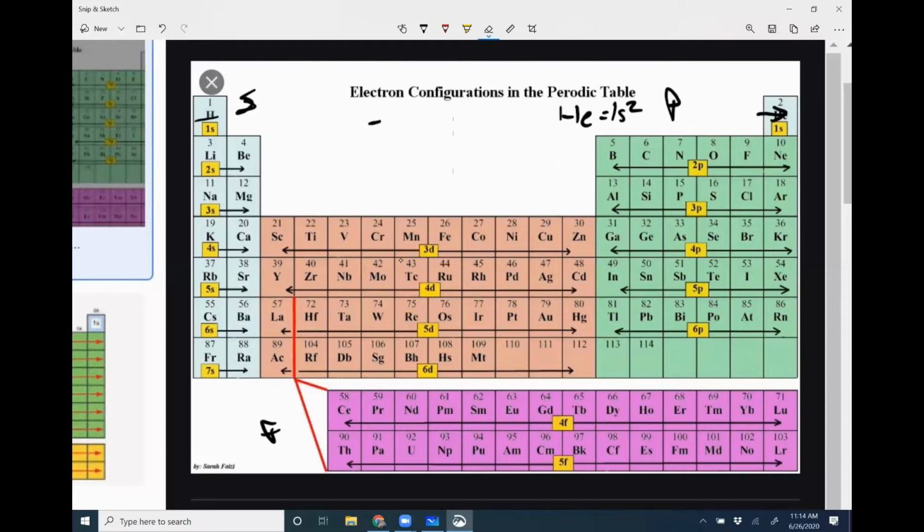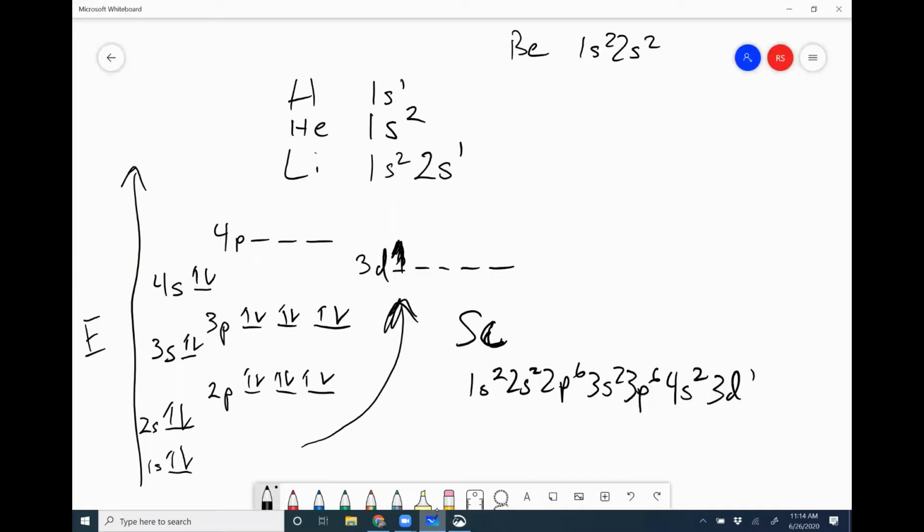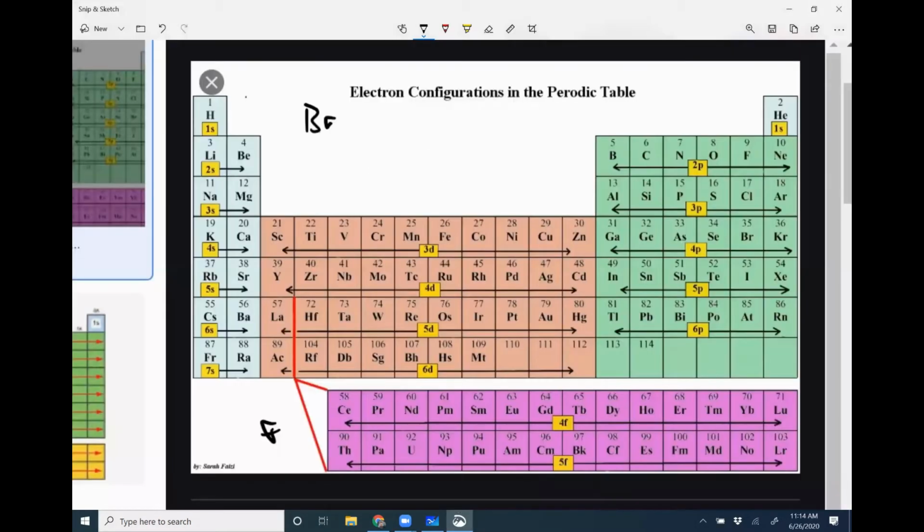The problem with electron configurations is they start to get tedious when you do really big ones. Even something like bromine. Bromine is number 35 on the periodic table. So we have to do 35 electrons. So if we're doing that orbital diagram, we left off at what, 20? 21.